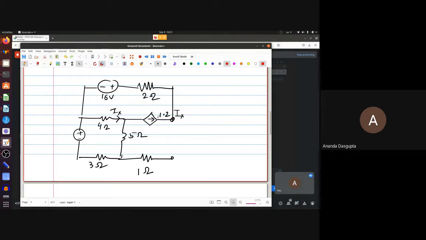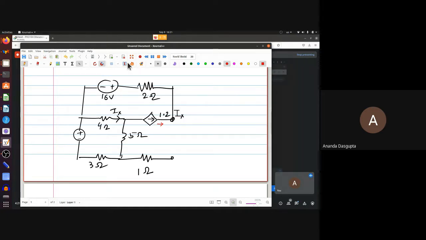That's not how it works. The current in this line is 1.2 times Ix always. It's not an additional current. It's a current controlled current source. Whatever current you have here, 1.2 times that will be here. Okay? That's number one.